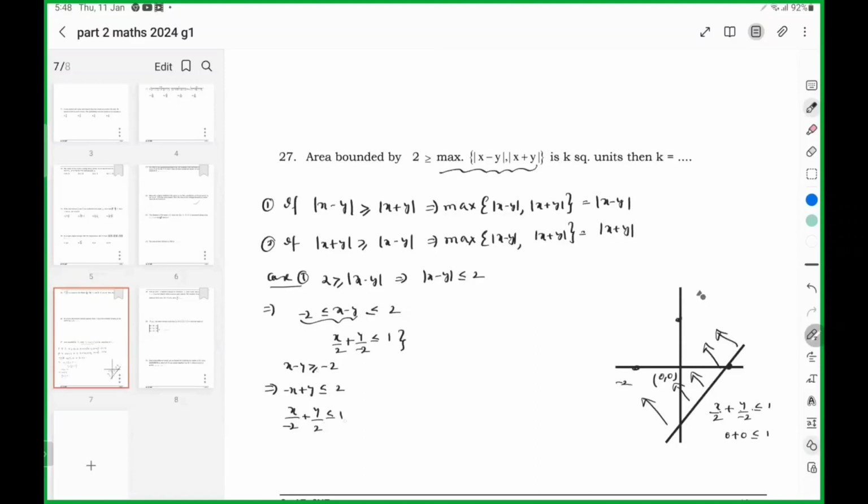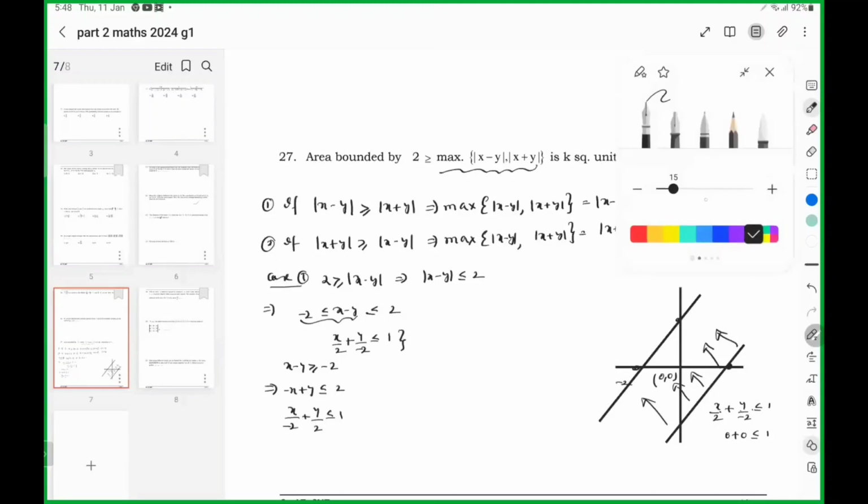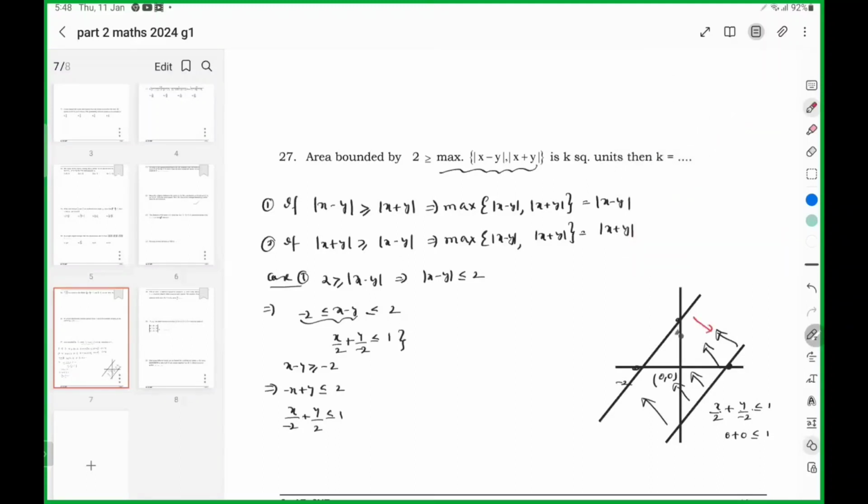So x is minus 2, y is 2. So let us draw the equal to graph. Which region? Put 0, 0, it satisfies. That means this region will satisfy this condition.